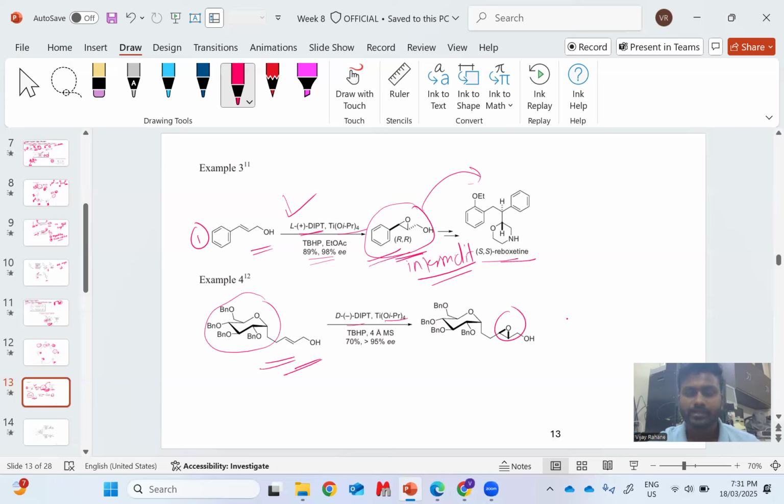So this is how the stereochemical asymmetric epoxidation is useful for the formation of the product, which has synthetic utility, and with the example of this reboxetine, you can see this intermediate you can convert into the useful final product.